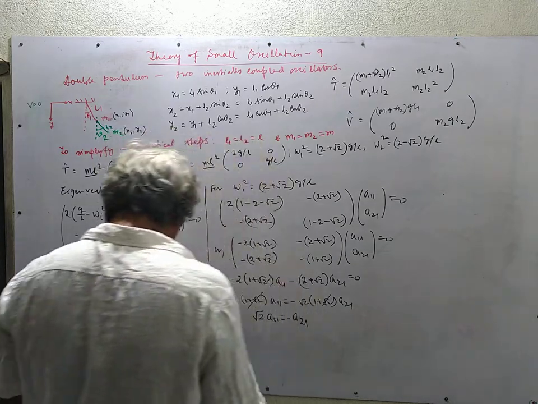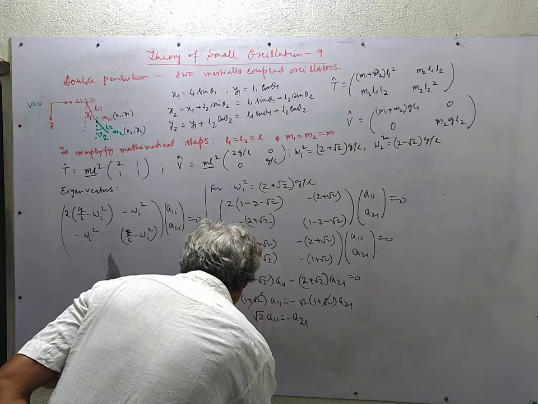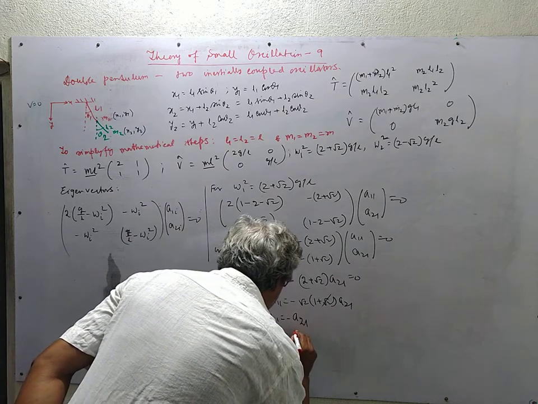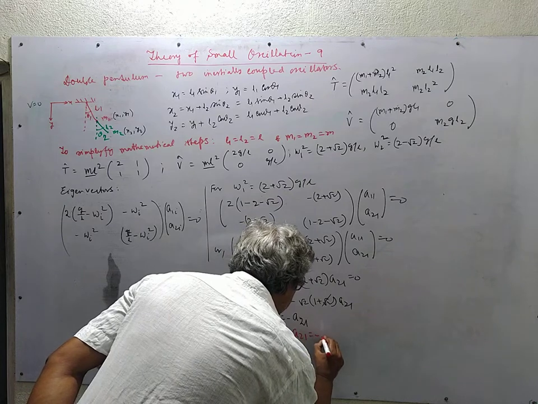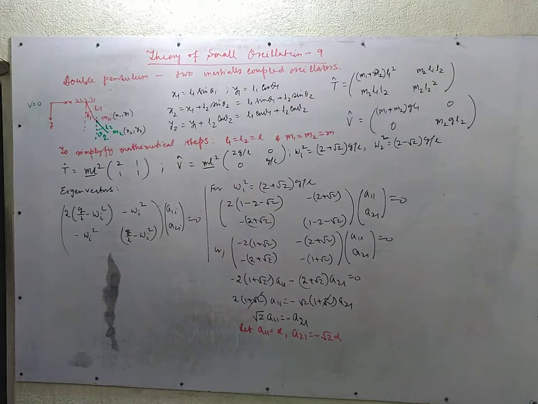Let us call a11 is equal to alpha, then a21 is minus root 2 alpha. Now the task is to find out the alpha. Our task is to find out alpha.